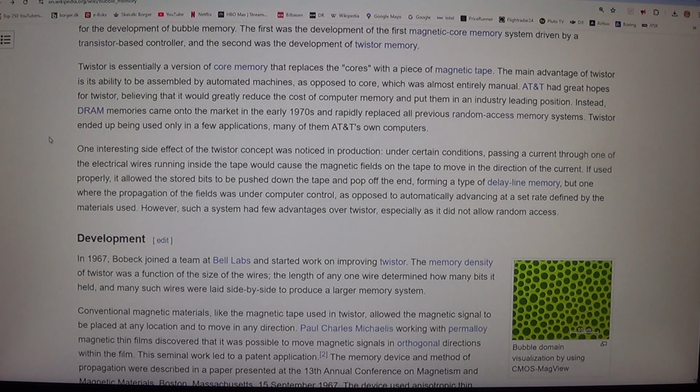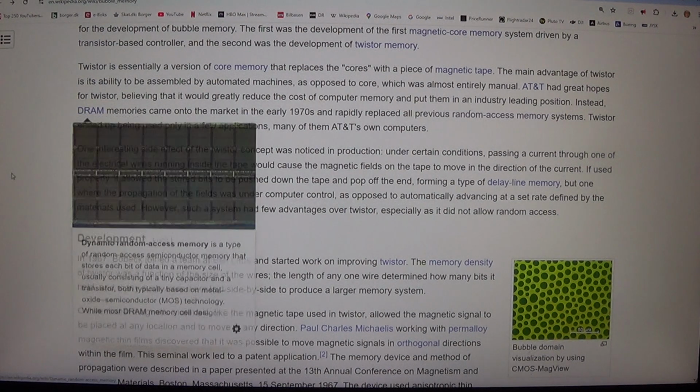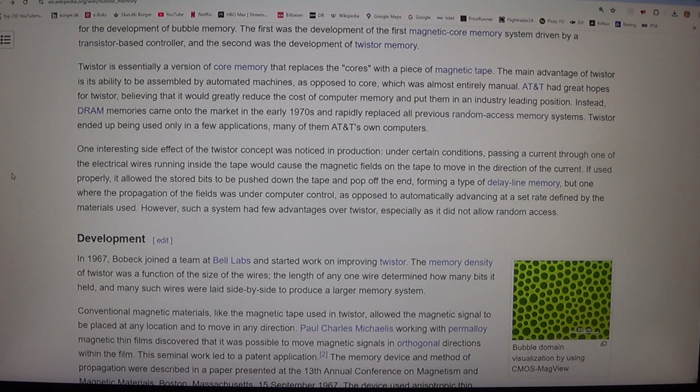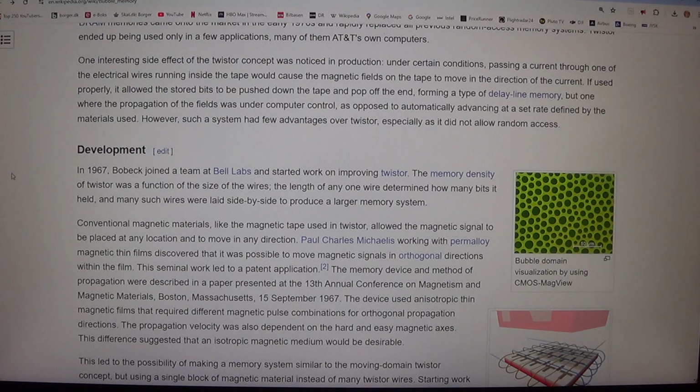Instead, DRAM memories came onto the market in the early 1970s and rapidly replaced all previous random access memory systems. Twister ended up being used only in a few applications, many of them at AT&T's own computers.